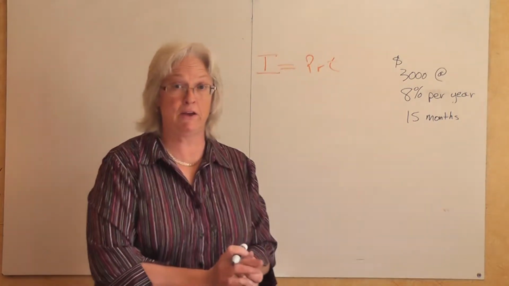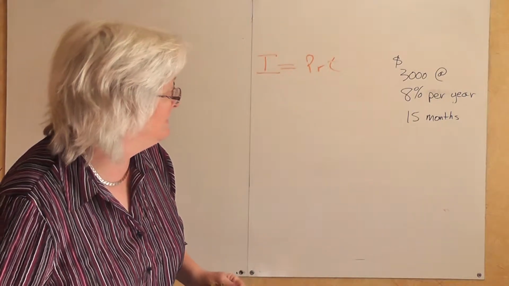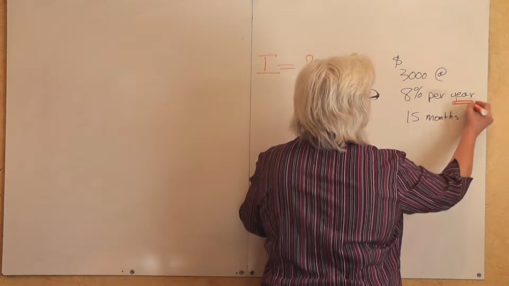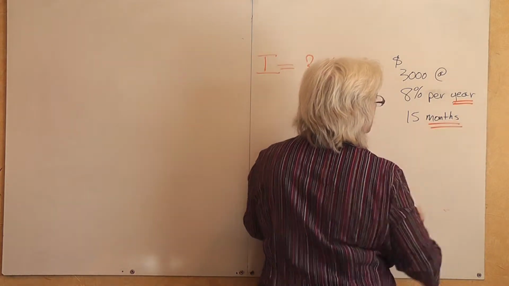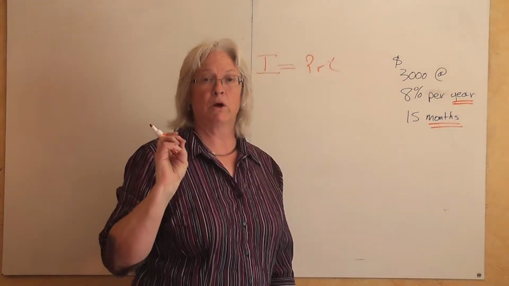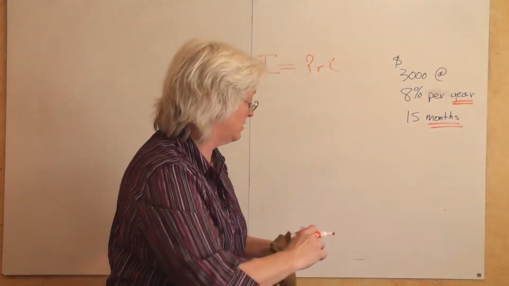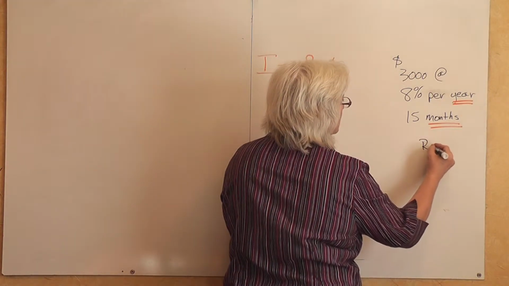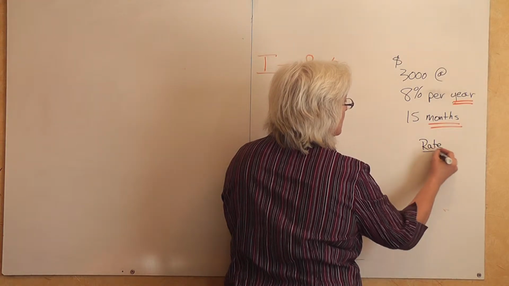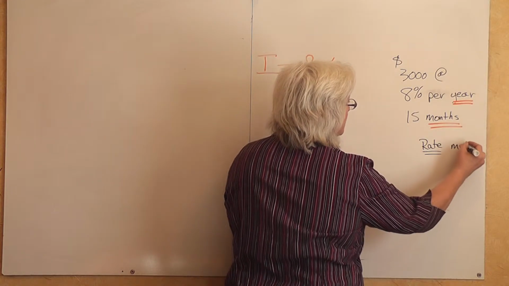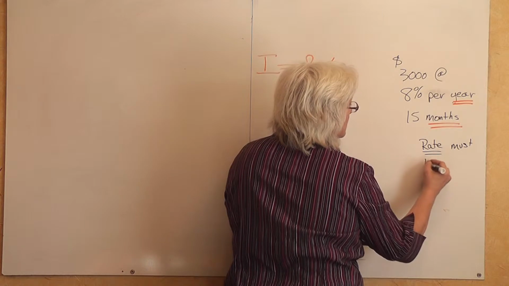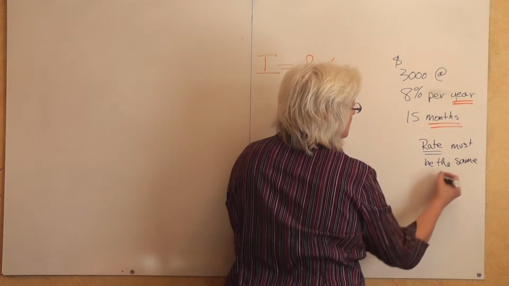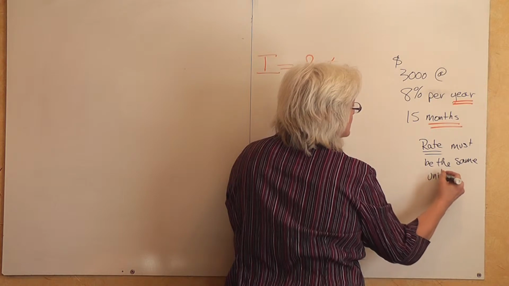You see what we have here? We have two different units. We have year and we have months. And what you have to have the same here is the rate must be the same units as the time.